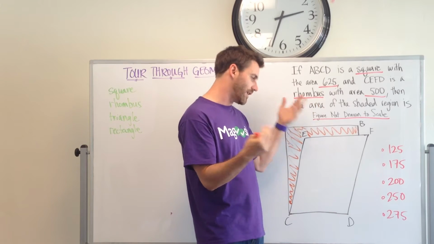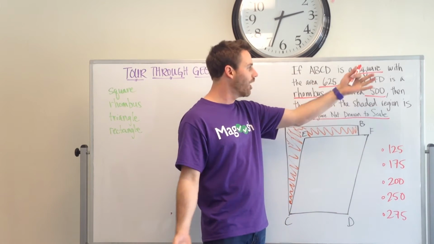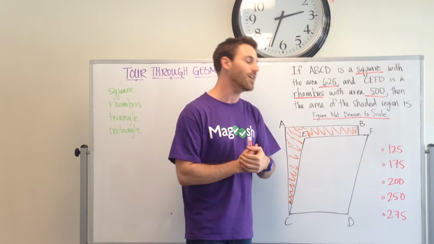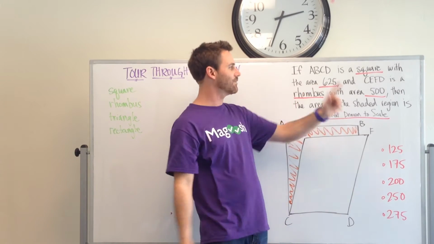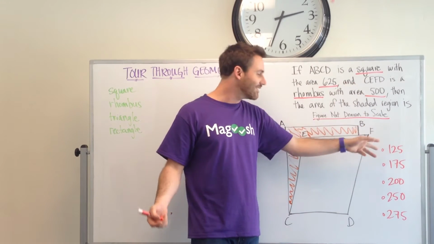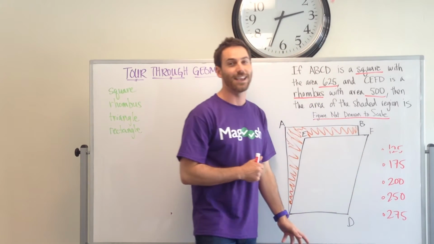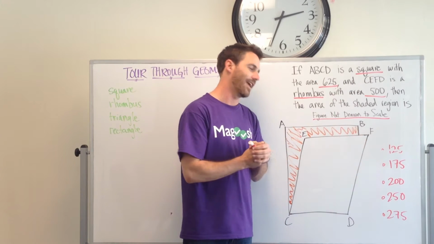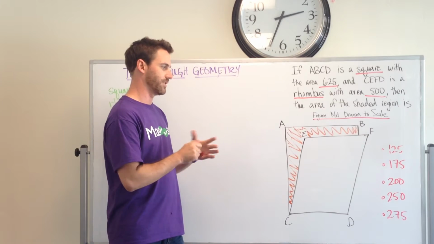One thing I would do to help my chances of guessing with this type of problem: I can see 625 and 500 here, and someone who's not thinking clearly or is rushing might think the area of this part here is just 625 minus 500, so it's going to be 125. That is a trap answer right there. So you can immediately get rid of that answer choice, and then at least you're choosing from 4 instead of 5 answer choices. Then maybe you can do some other stuff to eliminate the other possible answer choices.